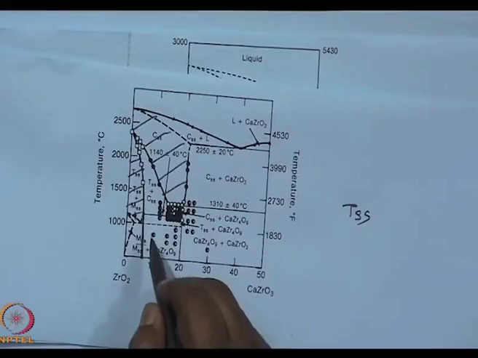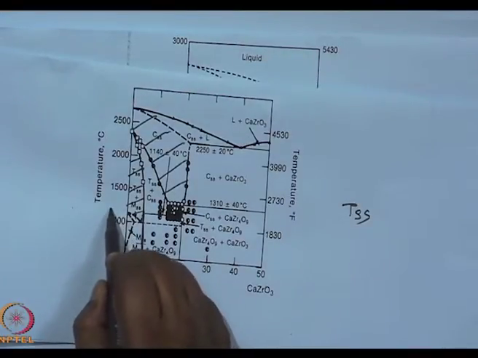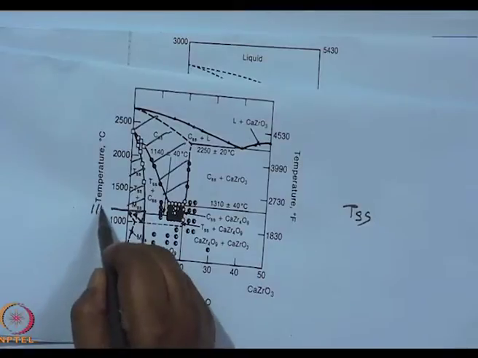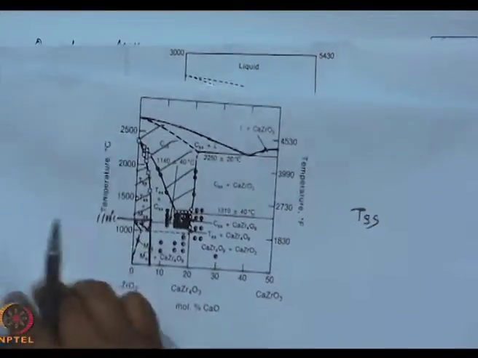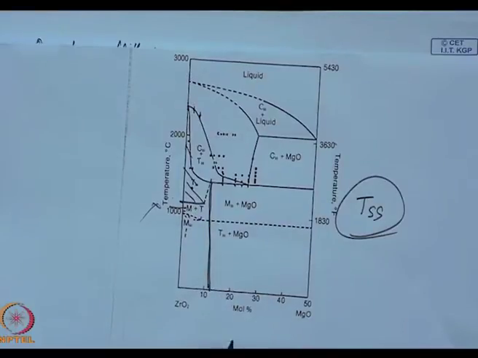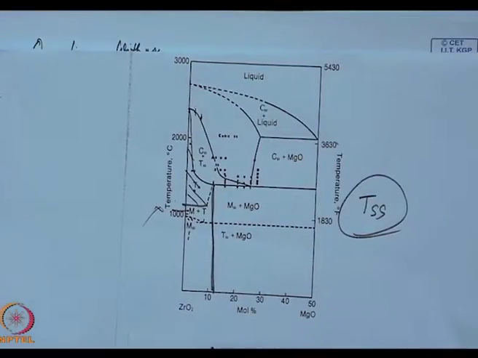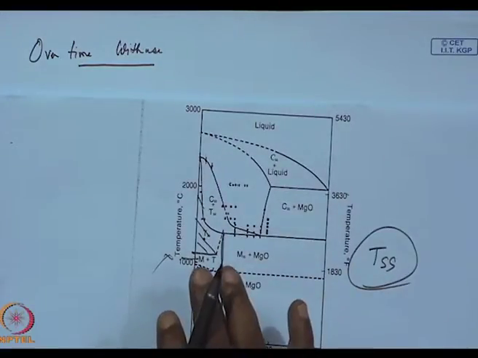With calcium stabilized zirconia, it is around 1100 degrees centigrade, above which tetragonal phase is stable. With magnesia, it is again about 1100 degrees centigrade, above which the tetragonal phase is stable. So, obviously, no toughening action will be there above these temperatures.